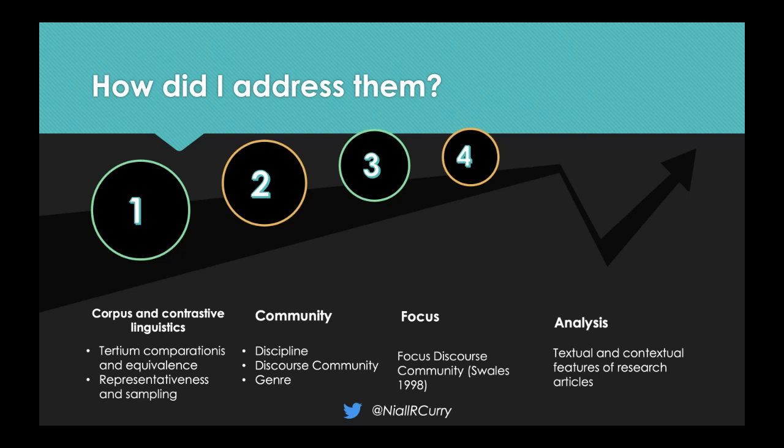And then I happened upon this very useful derivation by Swales of his initial notion of discourse community, where he splits discourse community into two distinct concepts. One is a place discourse community, which refers back to his original 1990 notion of a discourse community. And then a focus discourse community, which is the notion that we're joined together by shared practices.